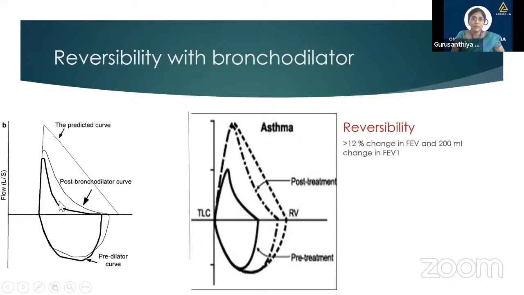If the patient has asthma or a reversible exercise-induced bronchoconstriction and so on, then the patient may have a bronchodilator response, and the FEV1 will increase by more than 12%, and the FVC or FEV1 will change by more than 200 ml.